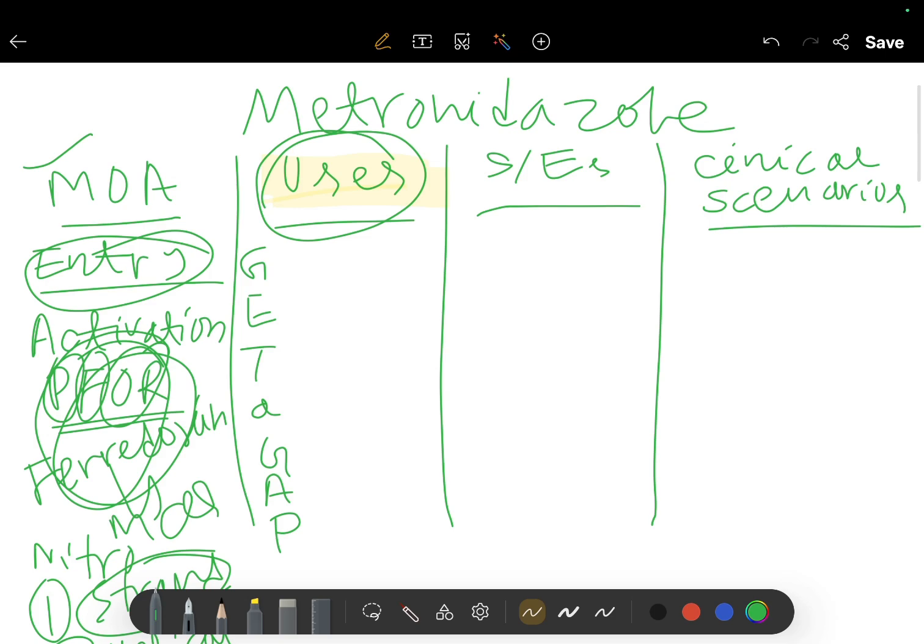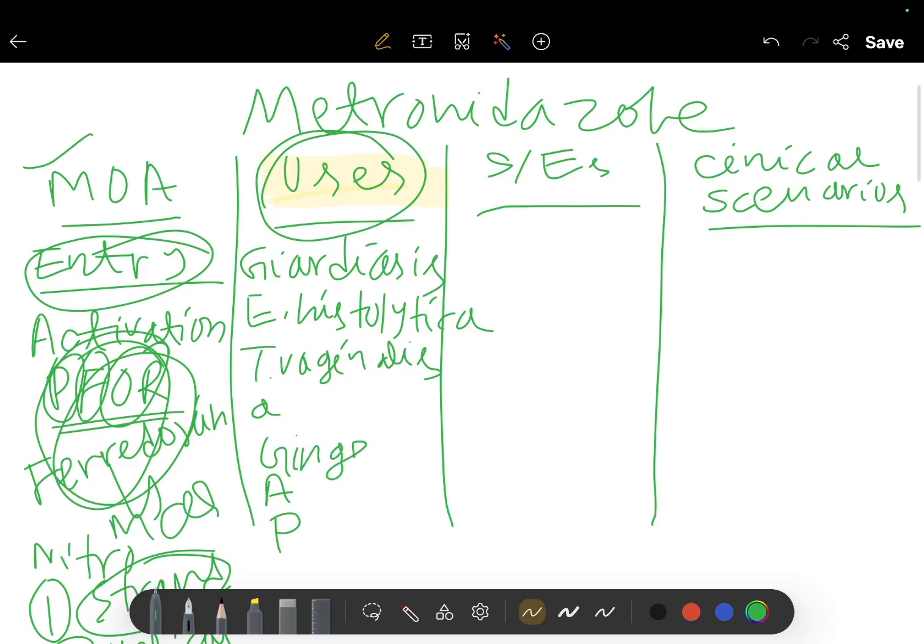G for giardiasis, E for Entamoeba histolytica, T for Trichomonas vaginalis. Then A doesn't stand for anything. Then GAP: G for gingivitis, A for anaerobic bacterial infection, and P for pseudomembranous enterocolitis.